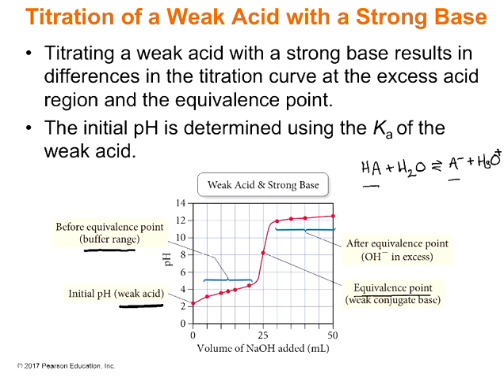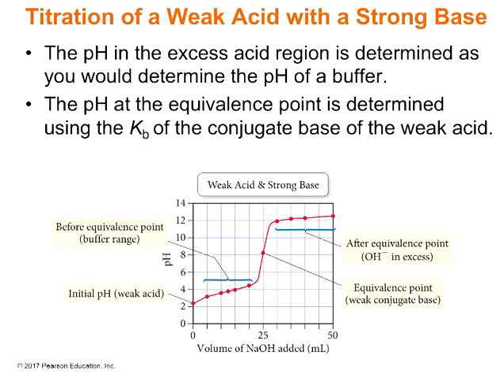And then after the equivalence point, the strong base will be in excess and we'll have higher pH values again. All right, so the pH in the excess acid region is determined as you would determine the pH of a buffer.